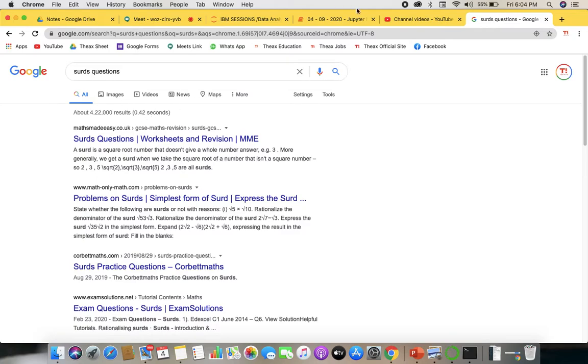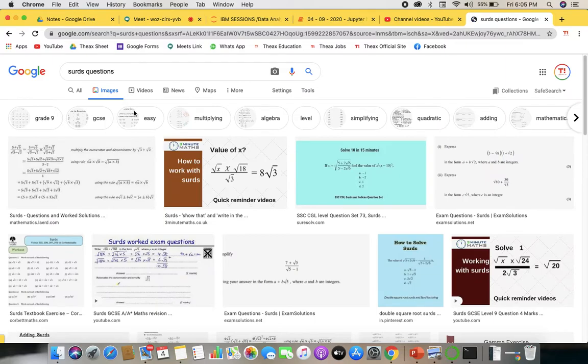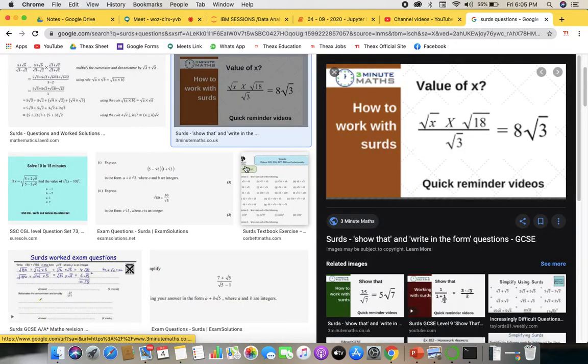One particular question was so tough for class 9th: what is the value of x if root x multiplied by root 18 by root 3 equals 8 root 3? Nice question. What is the value of root 18, guys? Square root of 18 is root of 9 times 2, that is 3 root 2.